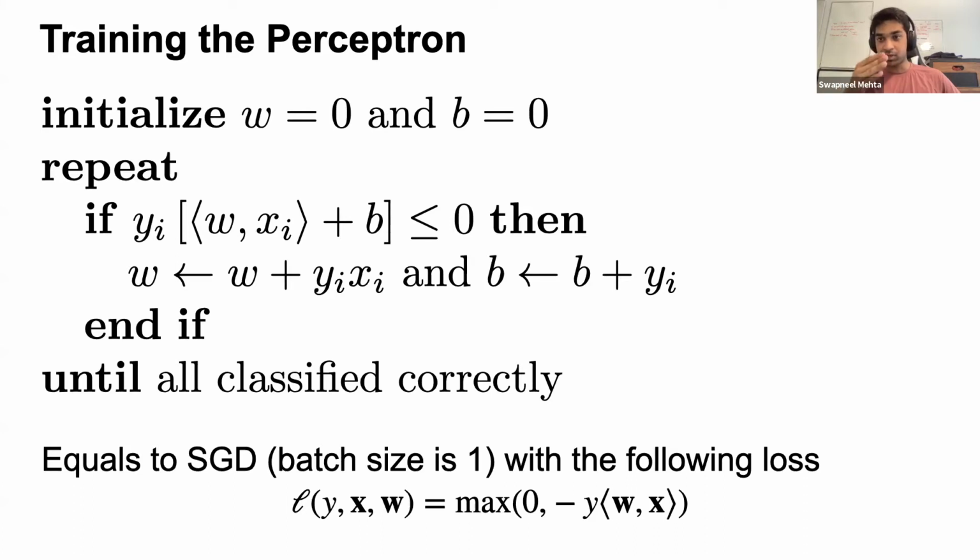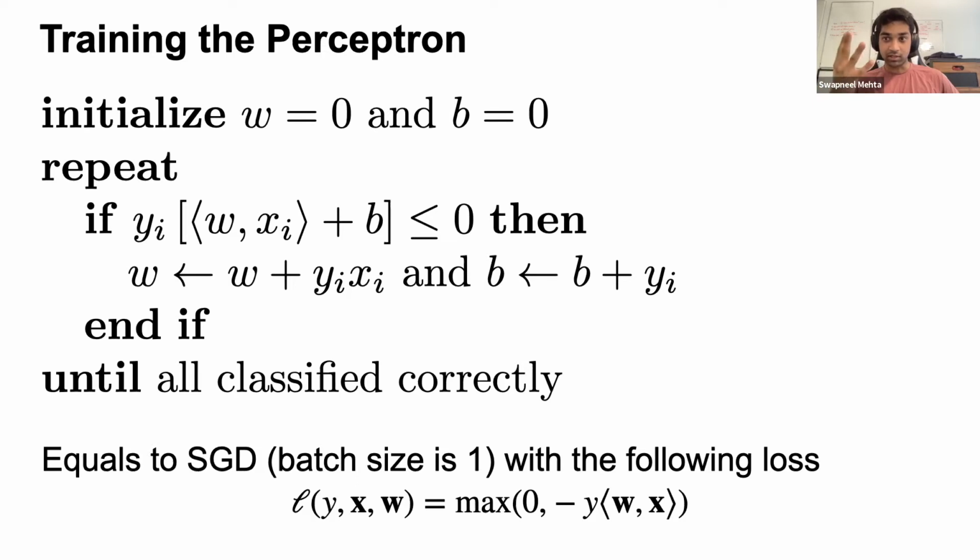If +1 is classified as +1, then the product of the predicted y and true y will be +1. If +1 is classified as -1, then the product of the true y and the predicted y is -1. Similarly, if -1 is classified as +1, this is wrong, which means the product will be negative. But if -1 is classified as -1, then the product will be positive.